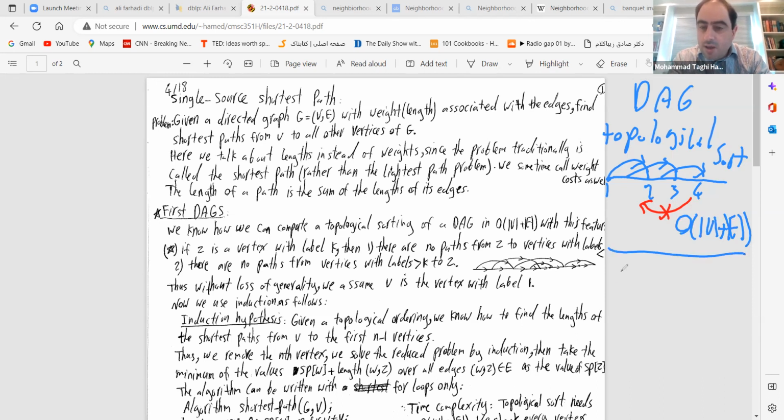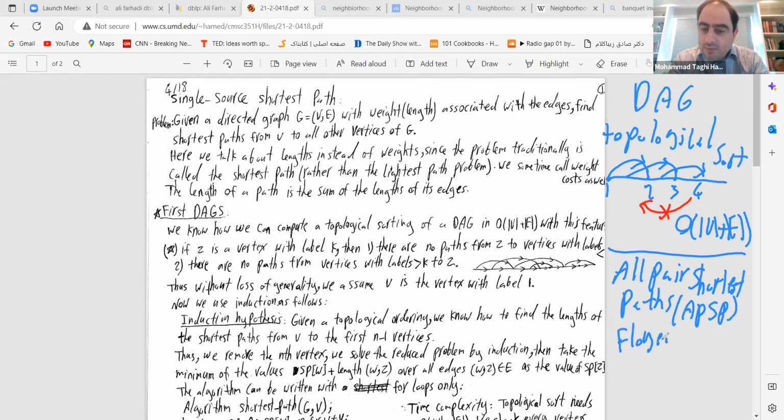We talked also about all pair shortest paths, which we call APSP. And for that, we talked about Floyd-Warshall, which was a very simple algorithm with 3 loops inside, but the order of the loops was important. And it was order n to the 3.